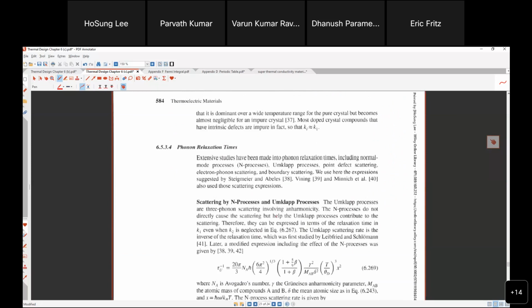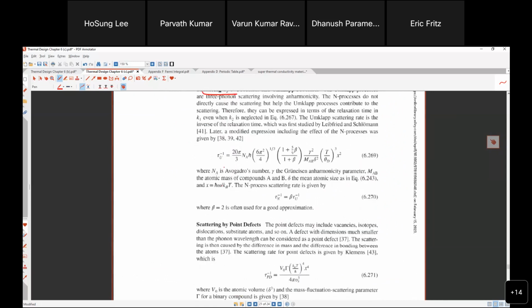So there is an expression for Umklapp. Once you have this value, Na is Avogadro's number, and beta, I think you can use two assumptions. Otherwise, M is the mass, delta is the atomic mass. What do you think theta D is? Answer. What is theta D here? Come on. Temperature.